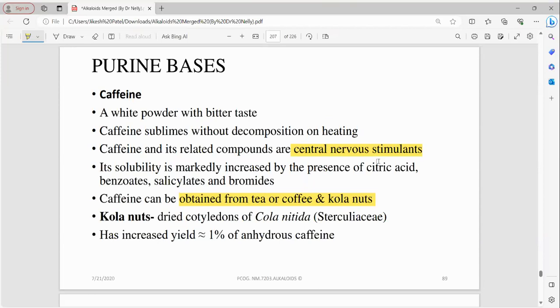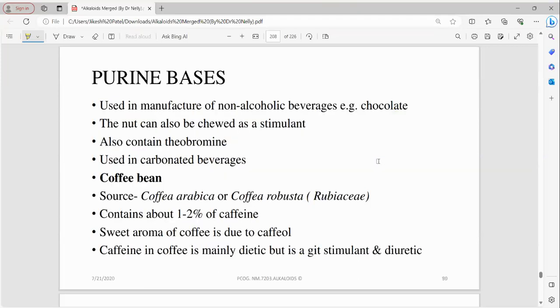Someone tells you, I've not taken my caffeine yet, they're just feeling off. It can be obtained from tea or coffee and also from cola nuts. Used, we already said, in beverages.